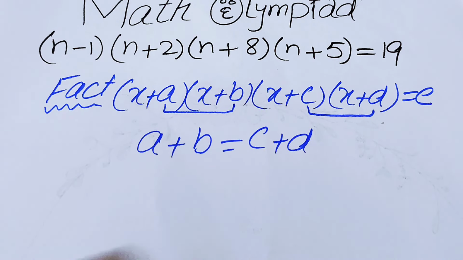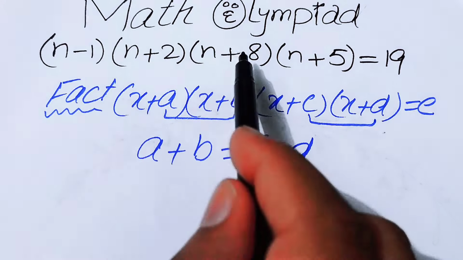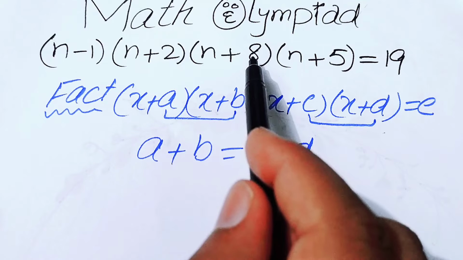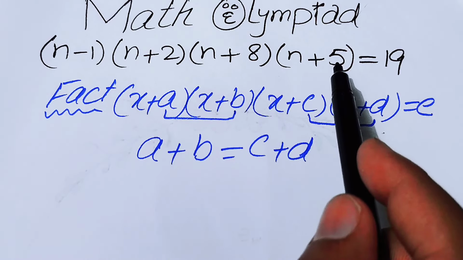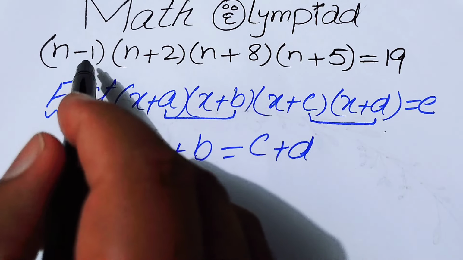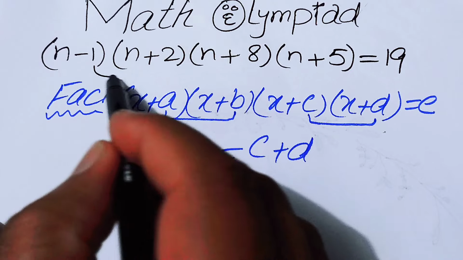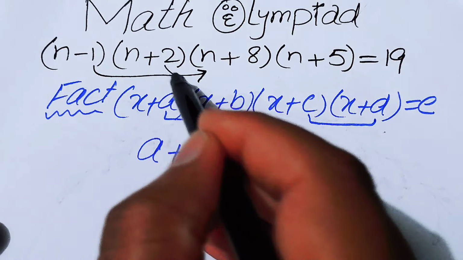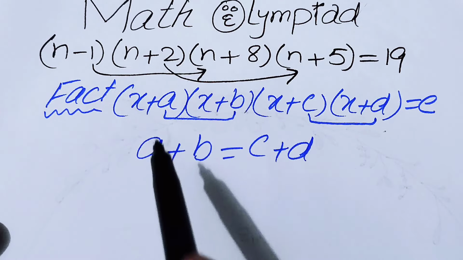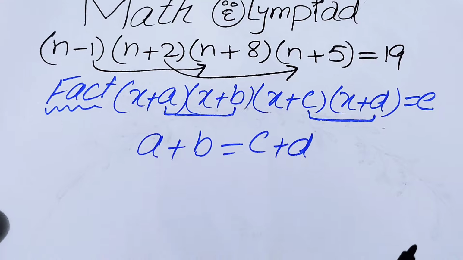Now you can check: if you add minus 1 plus 8 you get 7, and when you add 2 plus 5 then you again get 7. So we need to make the pairs of factors with n minus 1 with n plus 8, and n plus 2 with n plus 5, because minus 1 plus 8 is 7 and 2 plus 5 is also 7.